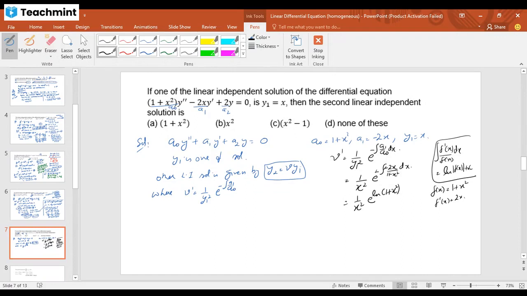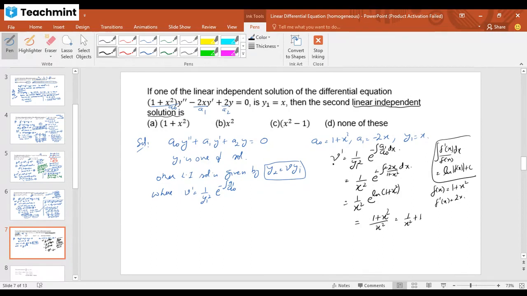We are not adding the constant of integration here, because we are interested in finding only a linearly independent solution. Exponential and logarithmic functions are inverses of each other, so we get (1 plus x square) upon x square, which gives us 1 upon x square plus 1.